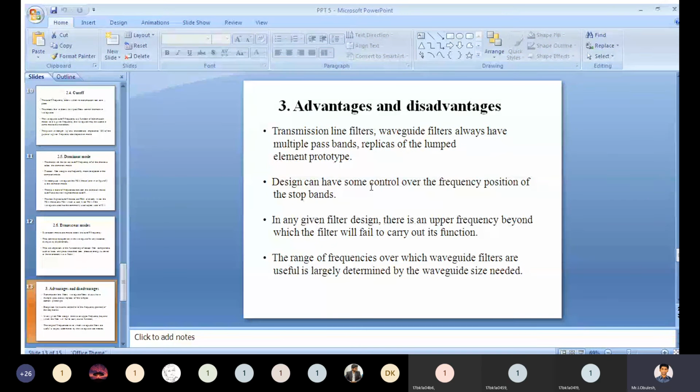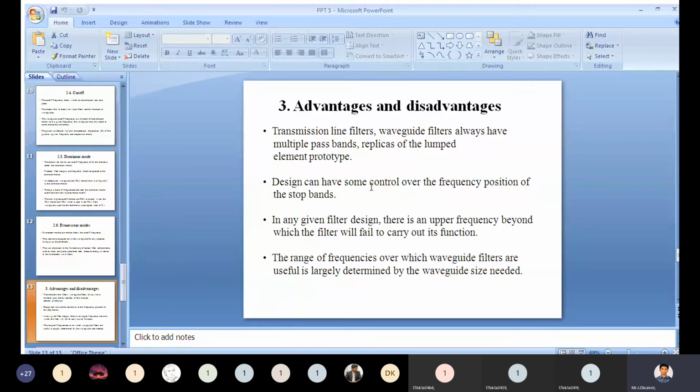For this reason, true low pass or true low pass and high pass filters cannot exist in waveguide. At some high frequency, there will be a pass band or stop band interrupting the intended function of the filter.